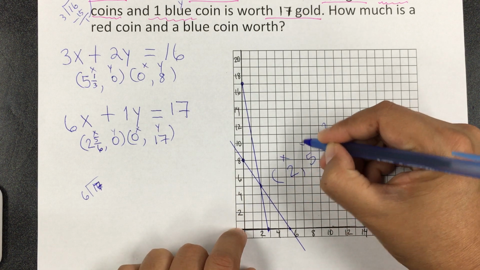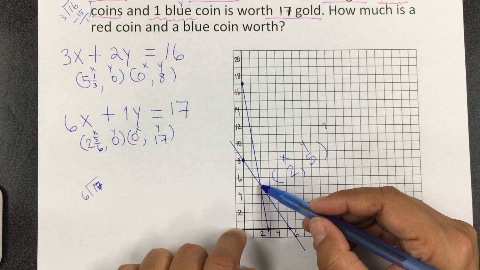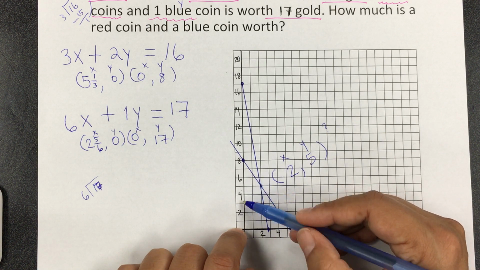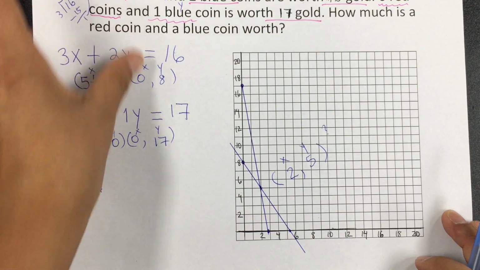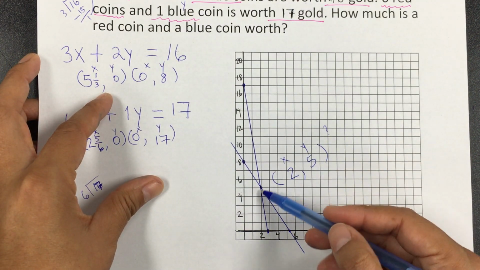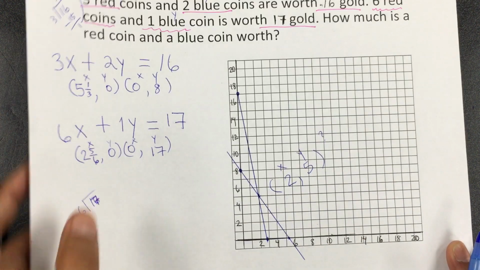So x is, I go down, it's 2. y is right here, which is between 4 and 6, which is 5. Again, why are we putting a question mark? Because we don't know if it's meeting exactly. Graphs are not as accurate.